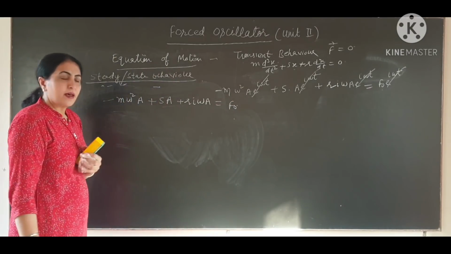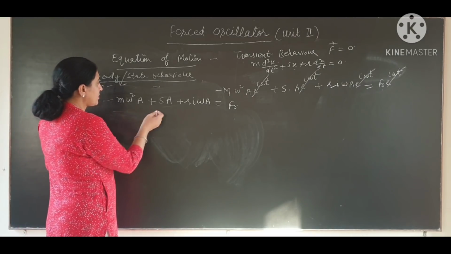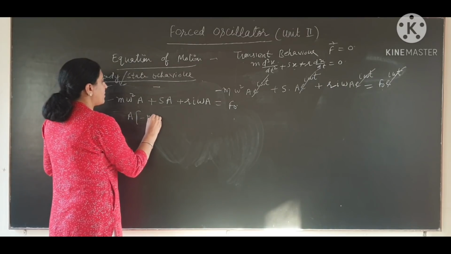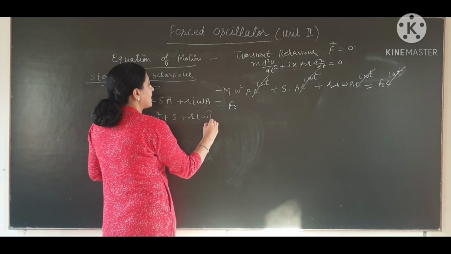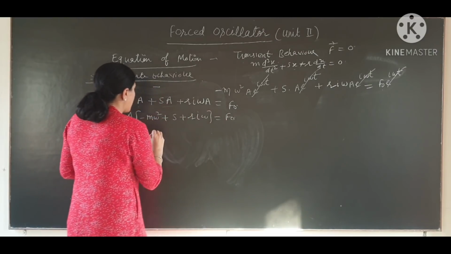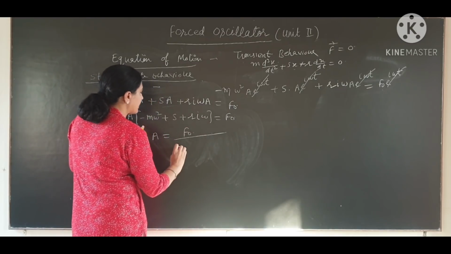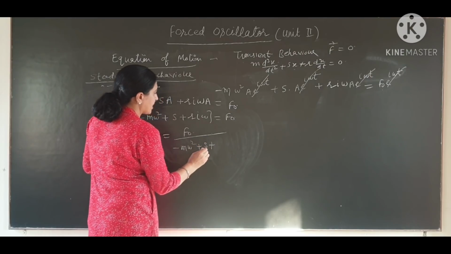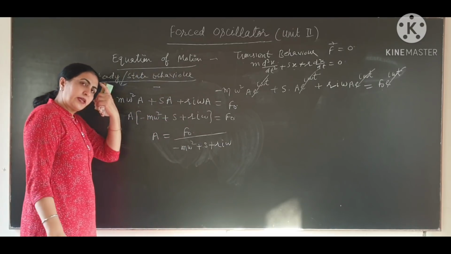Now a is common, so minus m omega square plus s plus r iota omega, that is equal to f naught. So a is equal to f naught over minus m omega square plus s plus r iota omega.